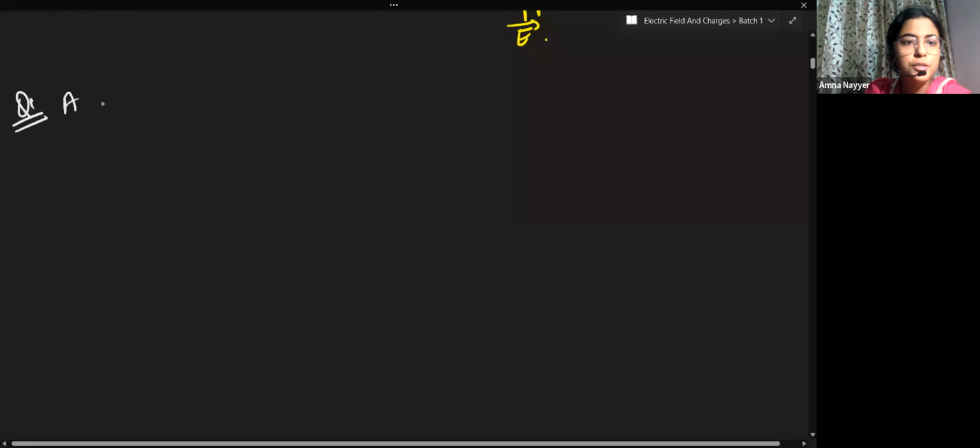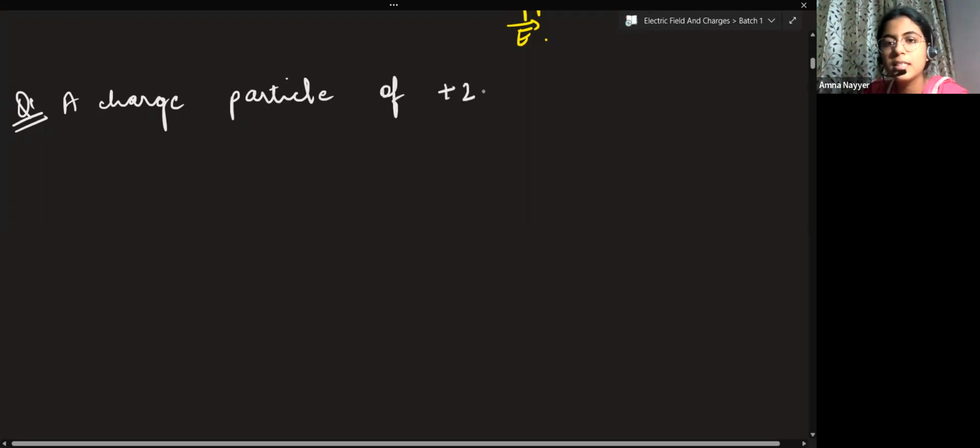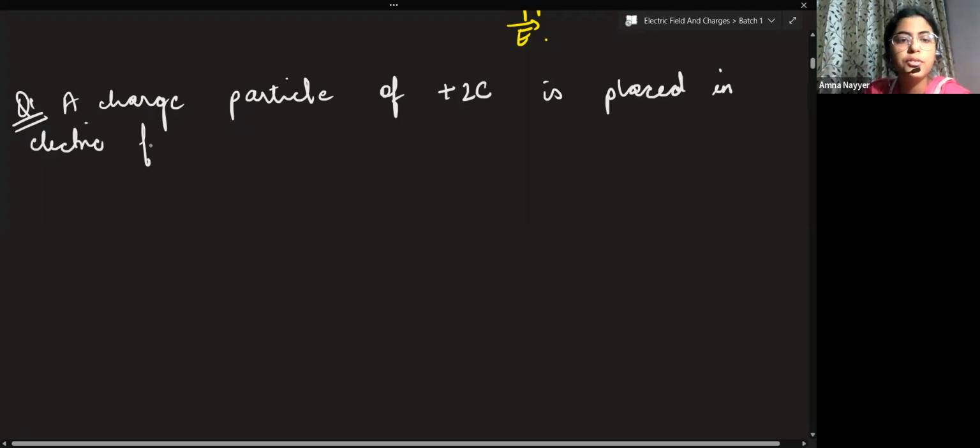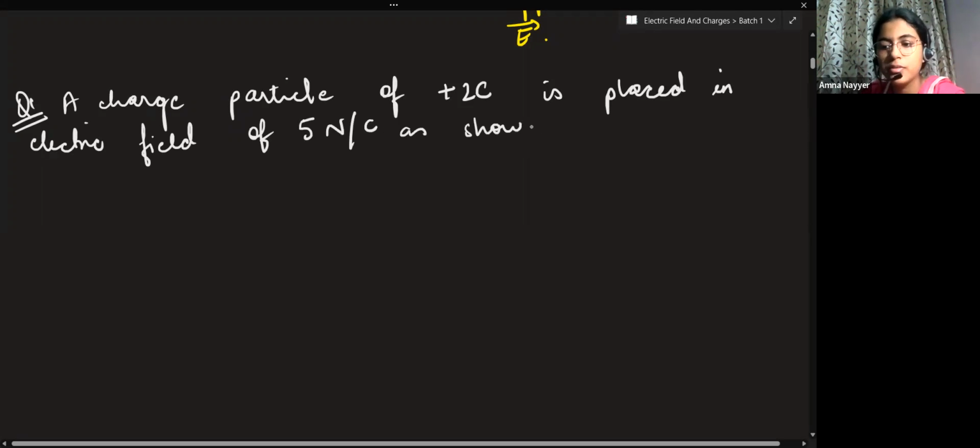A charged particle of plus 2 coulomb is placed in an electric field of 5 Newton per coulomb, as shown. I'll draw the figure also. We have to calculate the force.